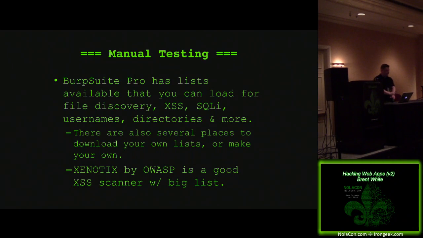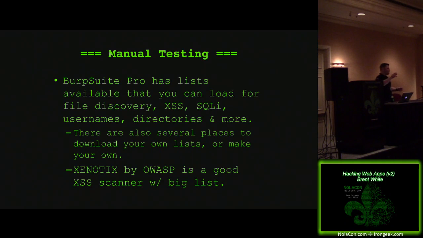And again, Xenotix by OWASP. Has anybody in here actually used Xenotix by OWASP, the cross-site scripting scanner? I know it released a couple years ago, but it's hard to run across people that actually use it. I recommend it. It's a really cool tool. It actually runs 3 web engines in parallel on the same screen, so it kind of emulates Chrome, Firefox, and Internet Explorer.